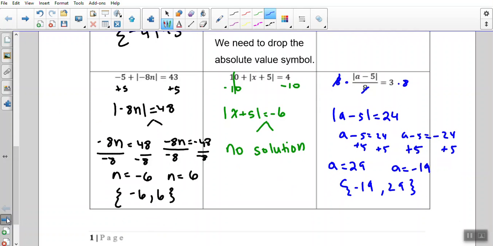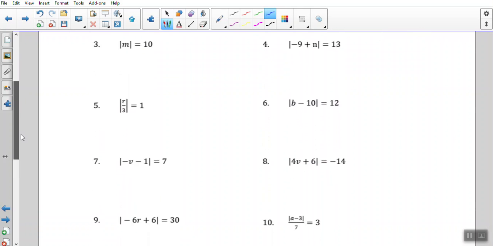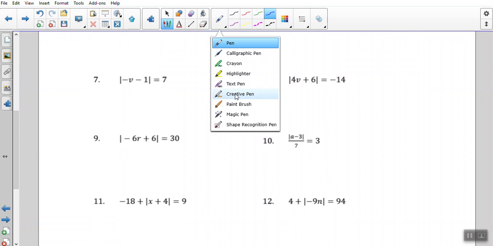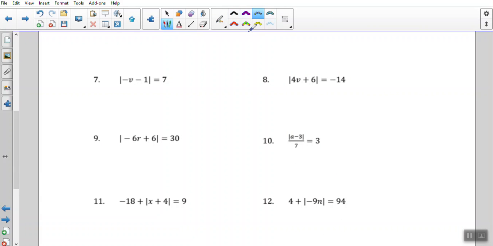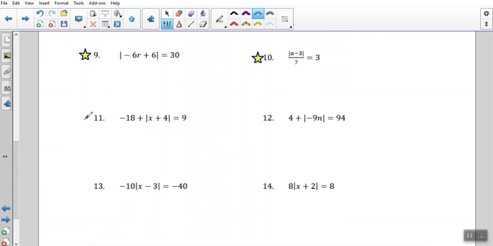Alright, so on the next page I have a few examples. I'm not going to go through all of them. I'll go through number 9, 10, and 11 and 13.